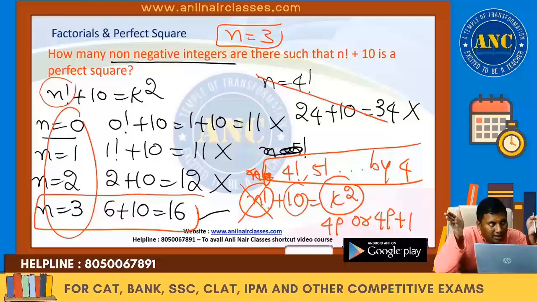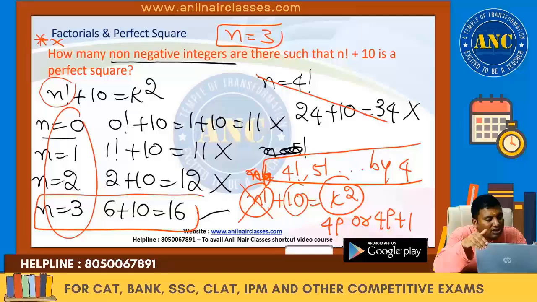Left hand side, n factorial divisible by 4, 10 is 4k plus 2. 4 into something plus 4 into k plus 2. Left hand side I am getting 4 into something plus 2. Can a perfect square take a value of the form 4 into k plus 2? Not possible. So from 4 factorial, none of the values is possible.